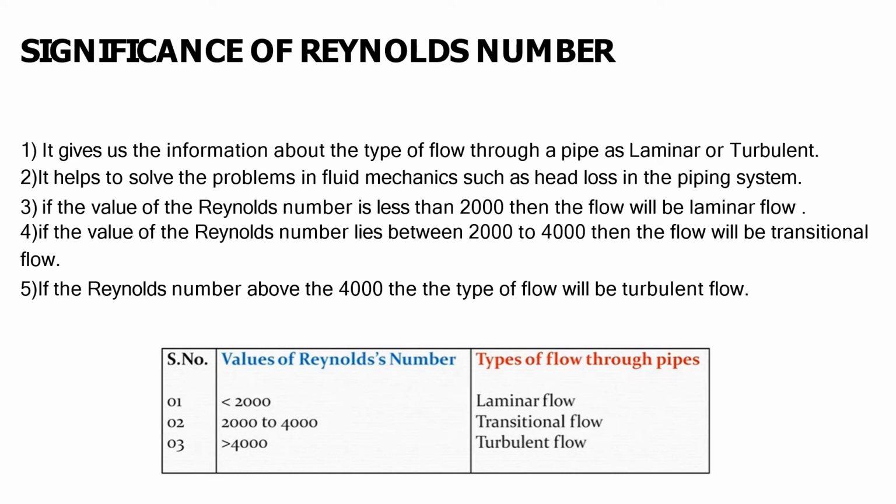If the value is between 2000 and 4000, the flow is called transition flow. If the value lies above 4000, the flow is known as turbulent flow. Below we can observe a table which indicates the value of Reynolds number and the type of flow.